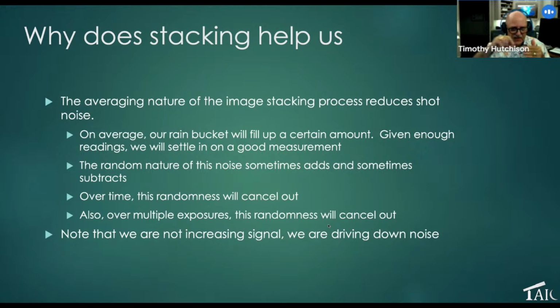So many exposures is really doing the same job for us as taking a longer exposure, but it's not because we're increasing signal. It's because we're driving the noise down. Our signal is staying the same, but the amount of noise that we have is being pushed lower and lower because of this averaging process.